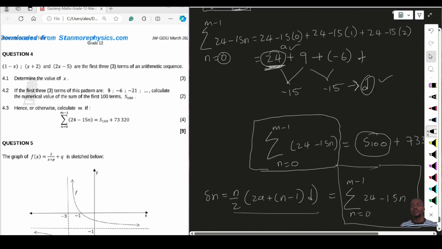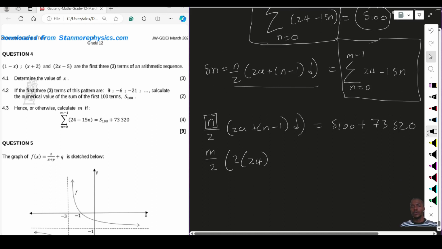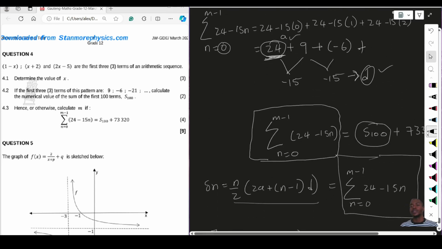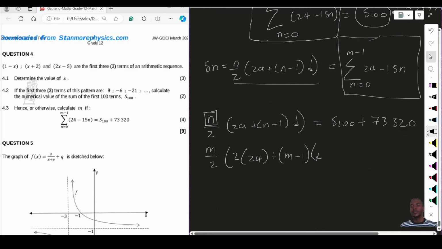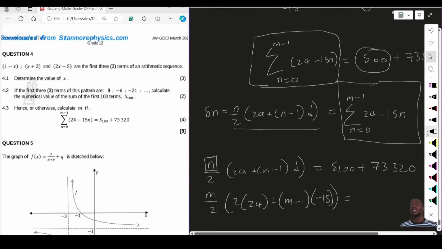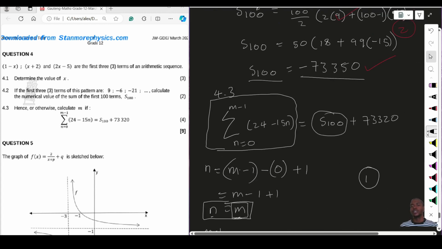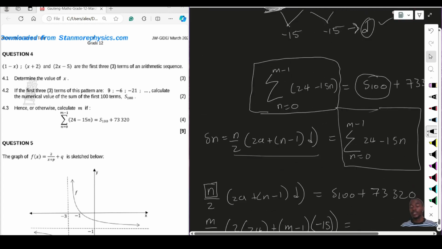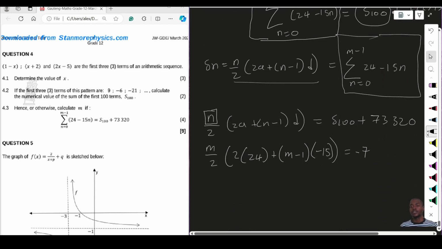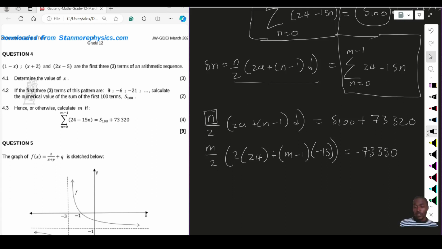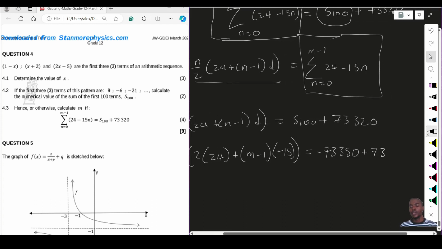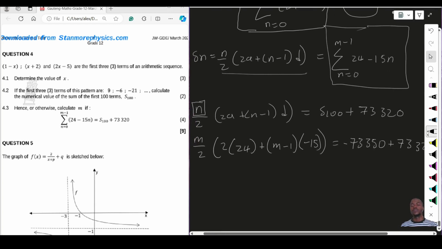So I'm going to say 24 plus, n is m minus 1, then d, the difference, is minus 15. It's equal to, what is S100? We already found S100. It's negative 73,350, minus 73,350. From there, we say this is plus 73,320.